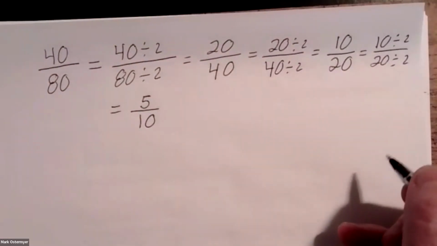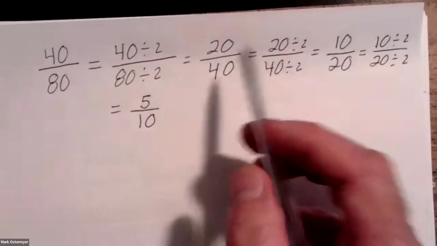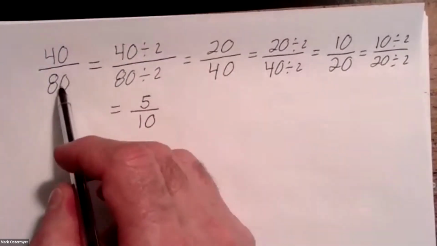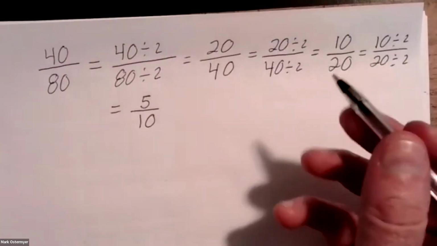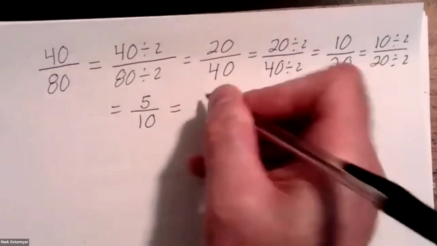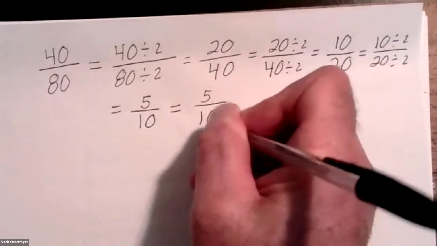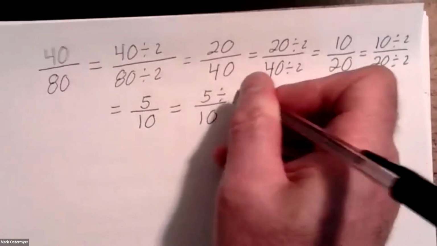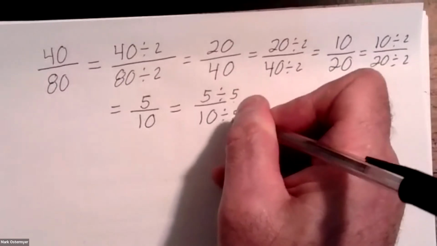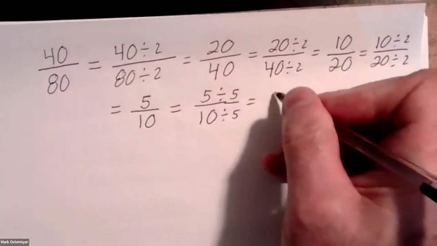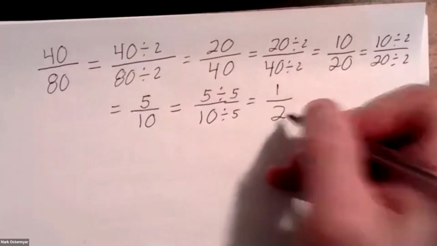Yes. 5/10 is equivalent to 10/20ths, which is equivalent to 20 over 40, which is equivalent to 40 over 80. These are all equivalent fractions. Or you could take 5/10 and, believe it or not, divide the numerator and denominator by 5, and you can take it down to yet another equivalent fraction, which is 1 what? 1/2?